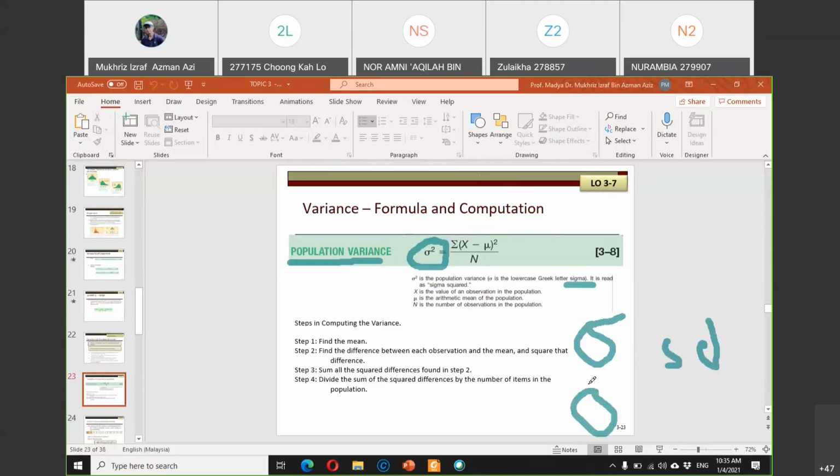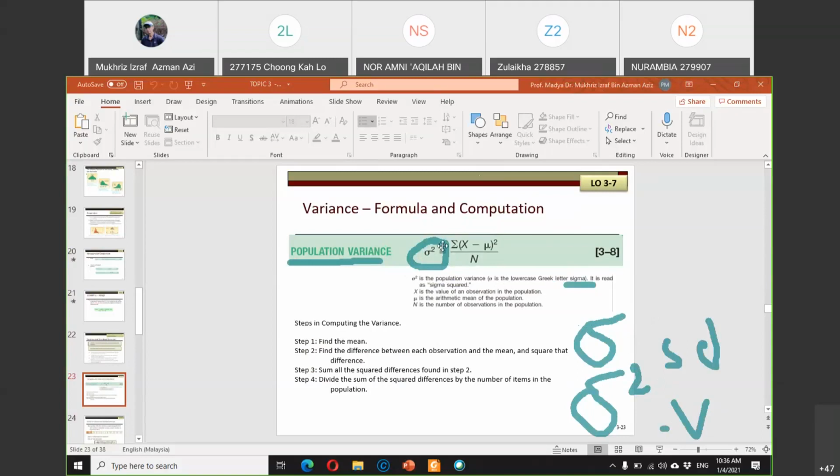But if you put sigma with the square, it becomes population variance. So the notation sigma denotes population value, just like mu for population mean. Sigma denotes population for variance and standard deviation. You put sigma square, it represents variance. You remove the square, just sigma alone, it becomes population standard deviation.